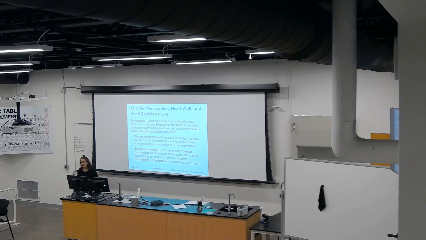And remember, in most organs where we have a double membrane, the internal one is always called visceral, because viscera means organ. And the most external is parietal, because parietal means wall.